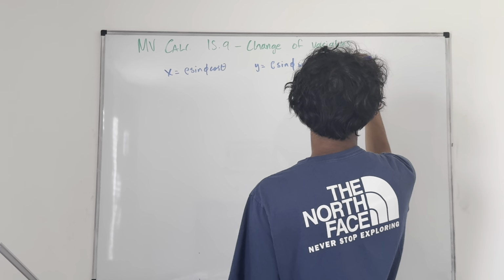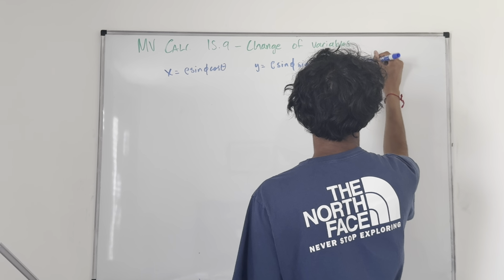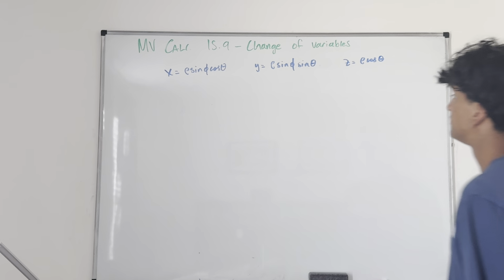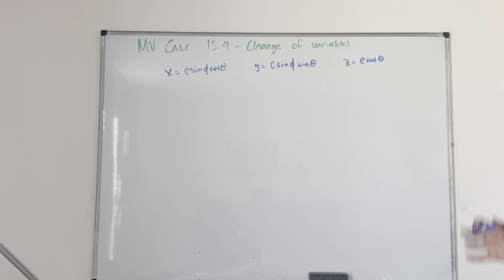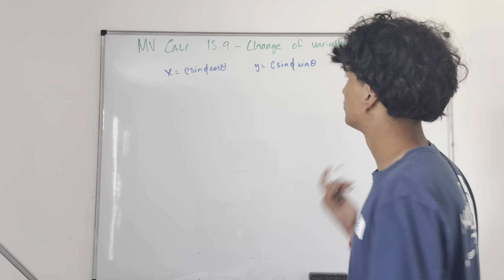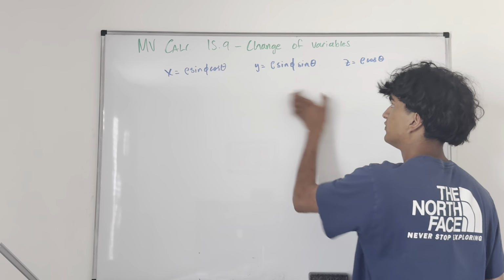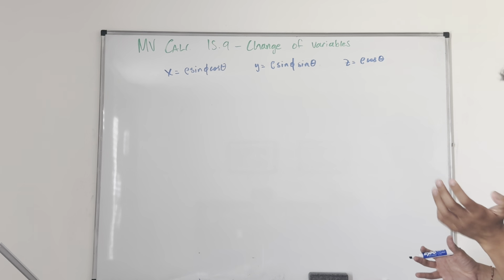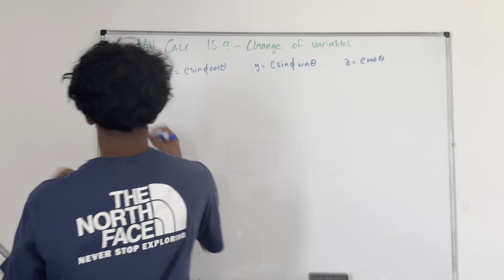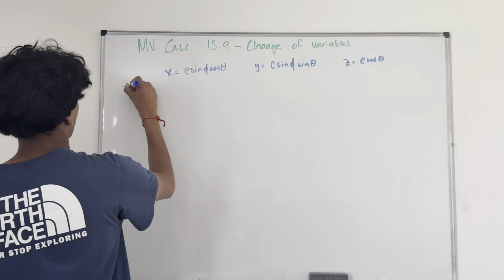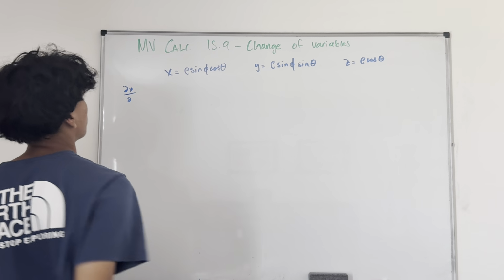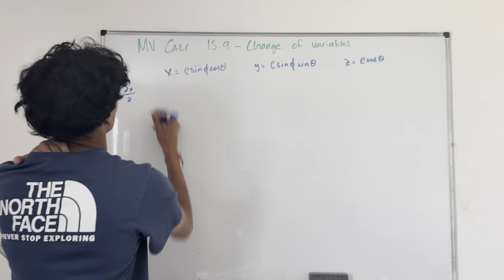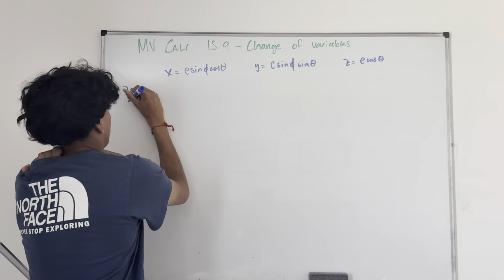And then z is just rho cosine theta. Okay, this is about to get pretty algebra heavy, but essentially we're going to take a 3D determinant, because we can find the partial derivatives for each of the three variables. So for example, partial x, partial, oh boy, this is going to be kind of crazy, but it's fine.